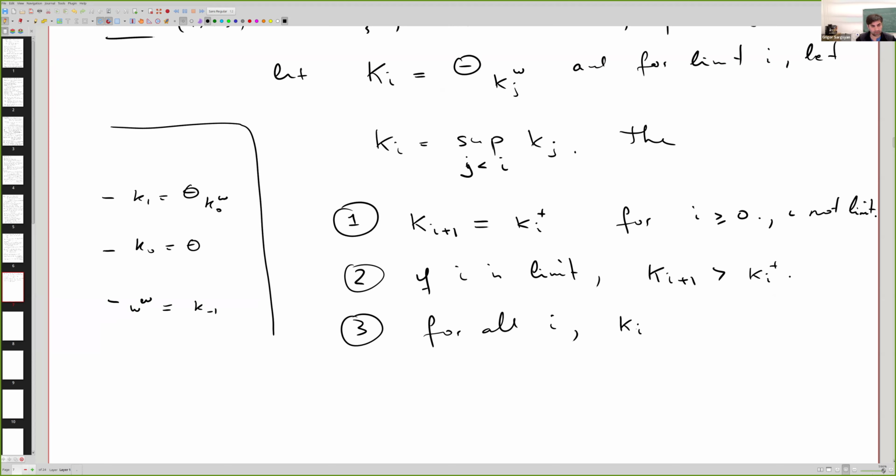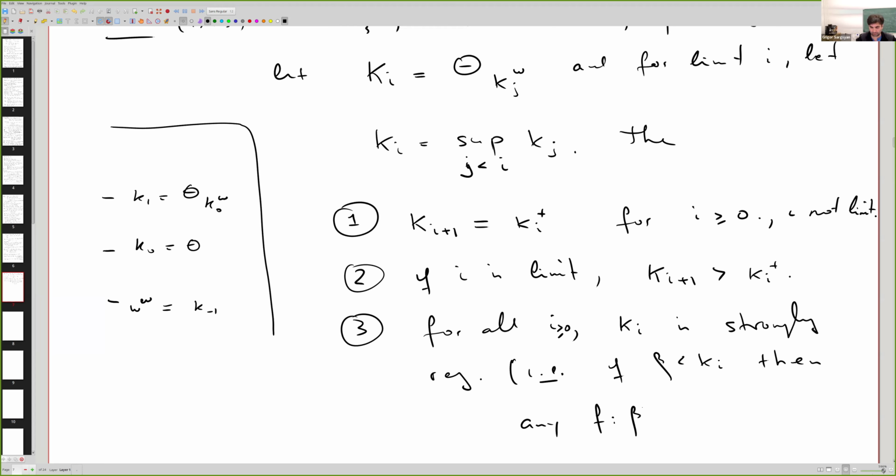3, for all I greater than or equal to 0, kappa I is strongly regular. That is, if beta is less than kappa I, then any function from beta to kappa I is bounded.